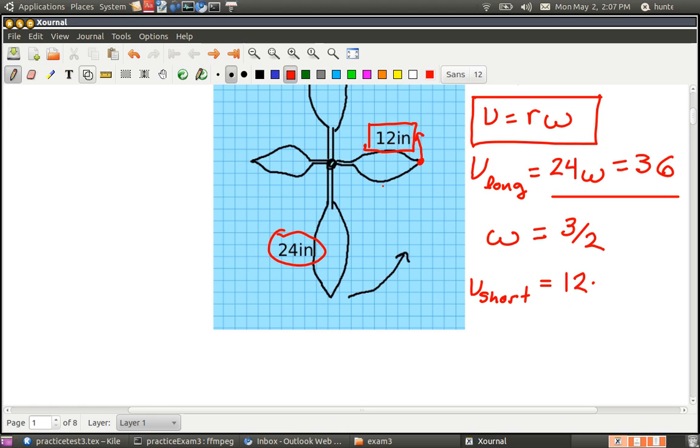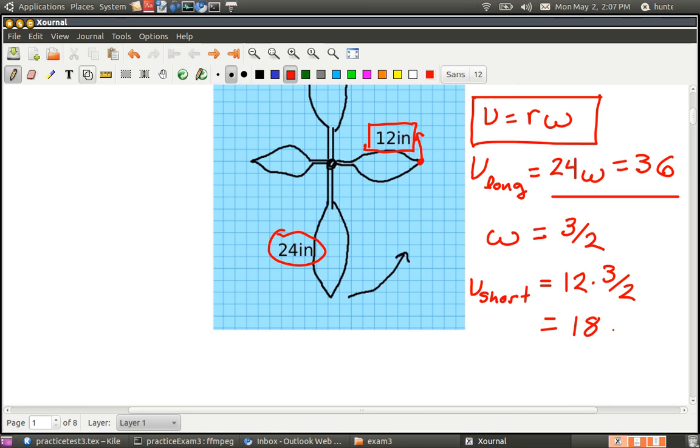Notice that it's right, because for these fan blades, the number of revolutions per minute stays the same no matter what the radius is. So the angular speed of the short fan blades is the same as the angular speed of the long fan blades. So the linear velocity of the short blade is just 3/2 times 12, which is 18.